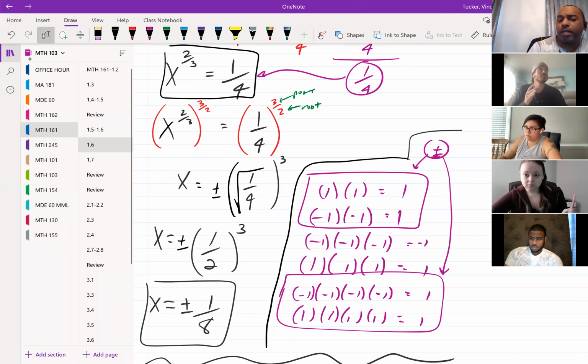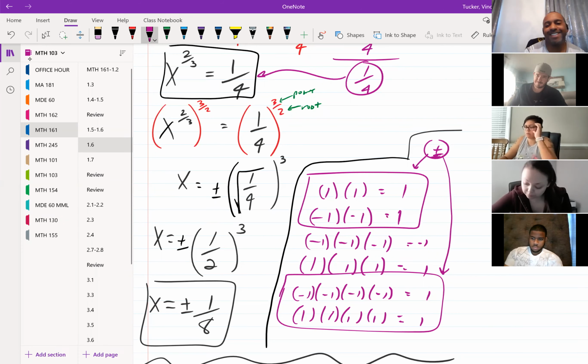The top one is the power and the bottom one is the root? Yes, that's always the case. I just want to make sure that I don't highlight something if it's not always true. Oh, you're fine. Even if you weren't solving, if you have an exponent that is a fraction, that will always be the case. The power is the numerator, the denominator is your root.